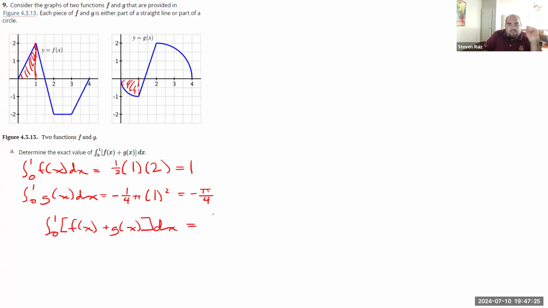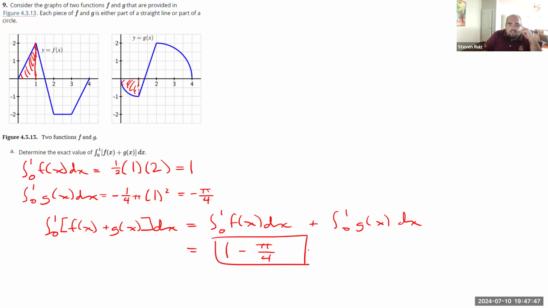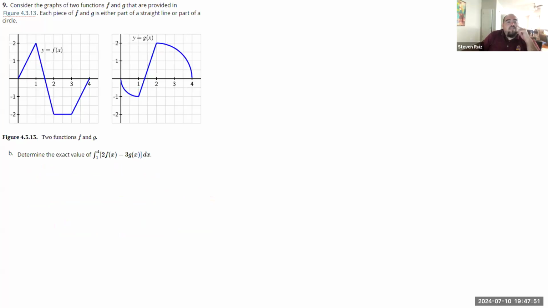But I can decompose this into the sum of two simpler integrals. So the integral from 0 to 1 of f of x dx plus the integral from 0 to 1 of g of x dx. And I found these things individually. So this is equal to 1 minus pi over 4. And since I was asked to find this exactly, I'm going to stop there. I don't want to approximate. So I'm moving on to part B.